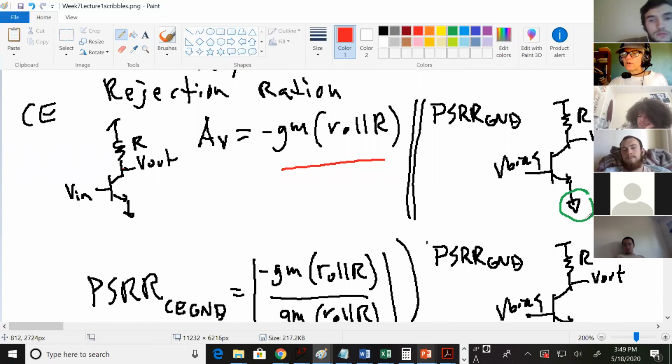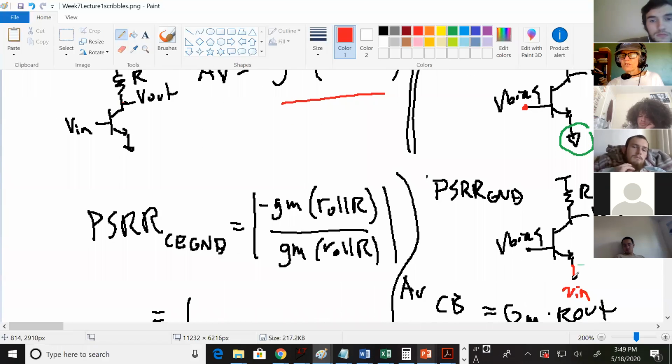I'm saying if there's noise on ground, how much shows up on the output. To see that, I don't want the input moving anymore, so I have to put a DC voltage on the input. Any change in the output, since the input's not moving anymore, we know is coming from our noise source. So you put a DC voltage on the base, put a little moving signal on ground, and see how much shows up on the output.